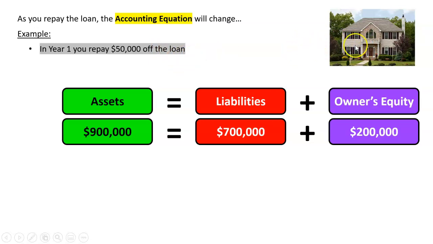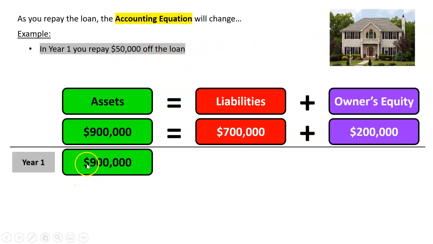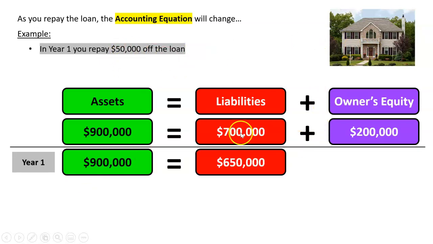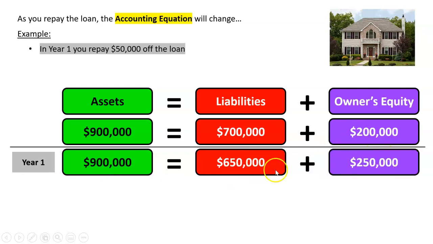In the real world, property prices change, but let's say it's still worth $900,000. You've paid $50,000 off the loan, so this must go down. You don't owe the bank $700,000. You only owe them $650,000. So therefore, what you've just done by paying off some of the debt against that asset, you have increased your equity. So together, $650,000 plus $250,000 equals $900,000.